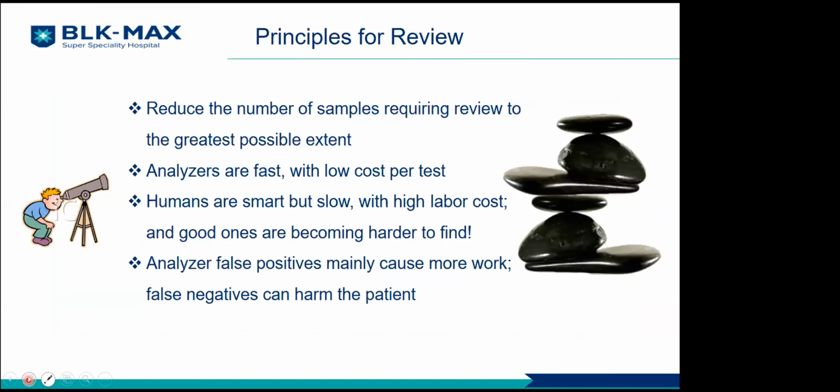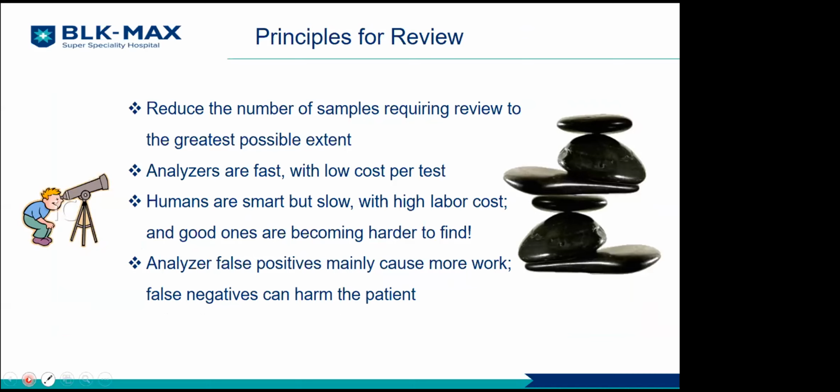Now, what are the principles for a review of a peripheral blood film? The primary principle is you want to reduce the number of samples which you would actually review to the greatest possible extent. And obviously, the number of samples processed in analyzers today happens to be in hundreds per hour. Therefore, even though humans will be able to review all those smears, it's the man who creates the machine, but we have our own limitations of looking at the smear.